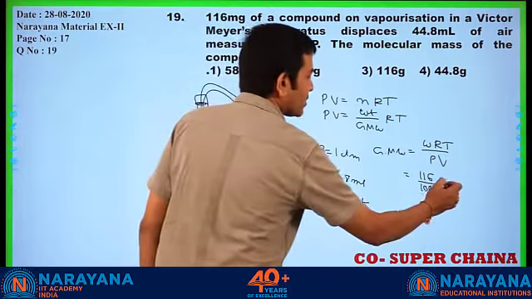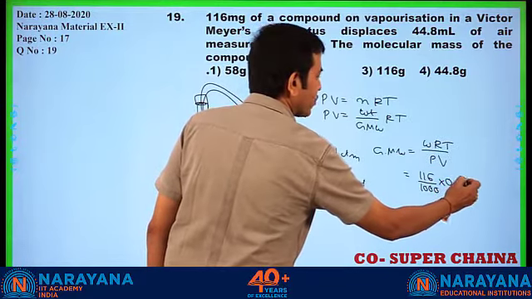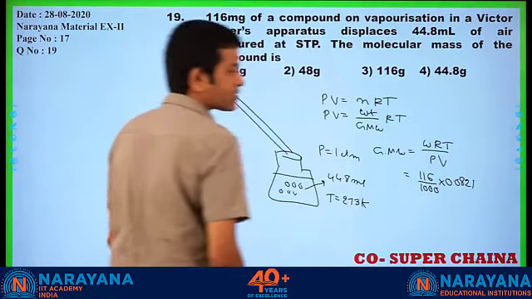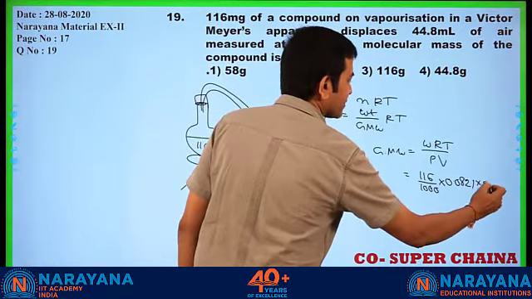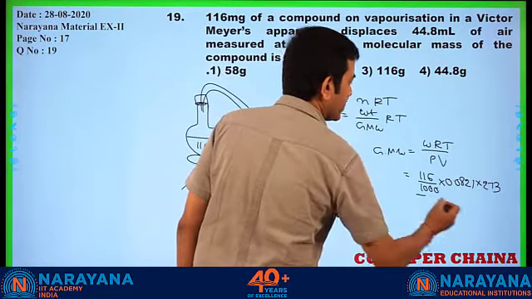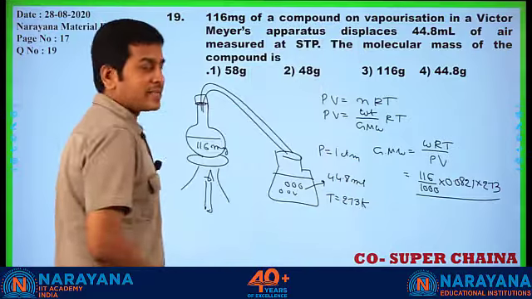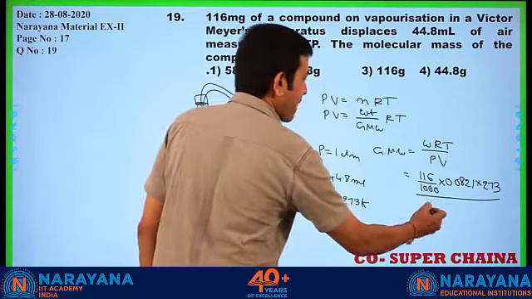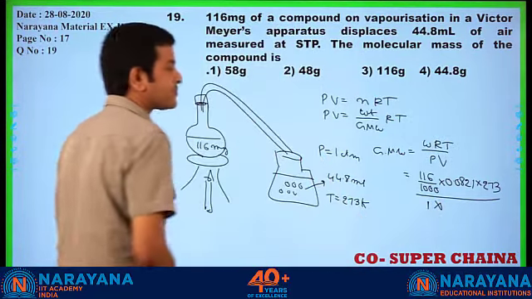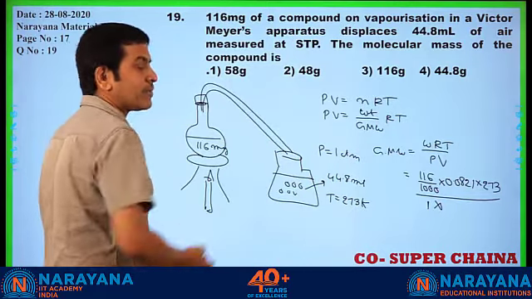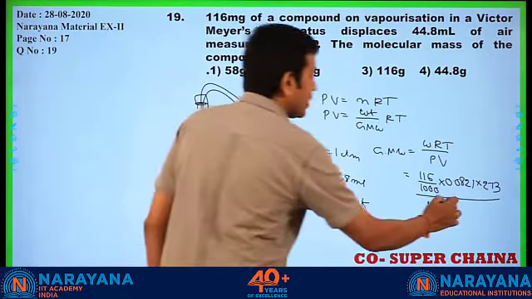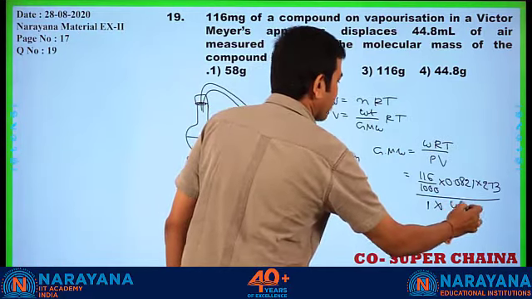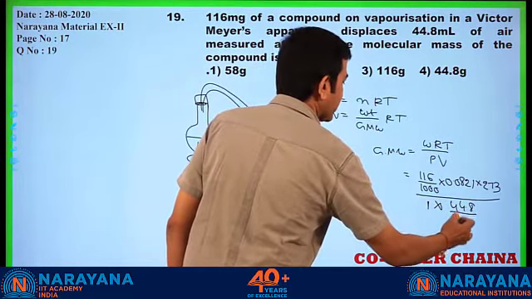R value is 0.0821 liter atmospheres, temperature 273 Kelvin, pressure 1 atm, and volume is 44.8 ml, change into liters: 44.8 divided by 1000.